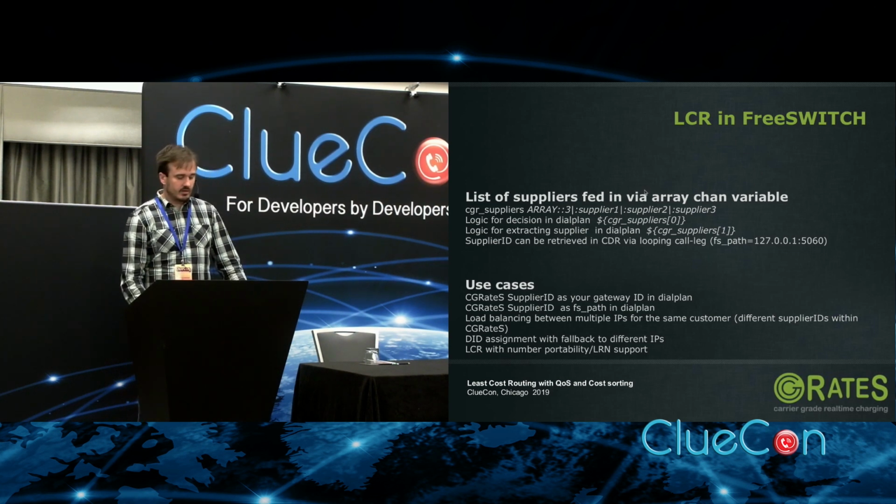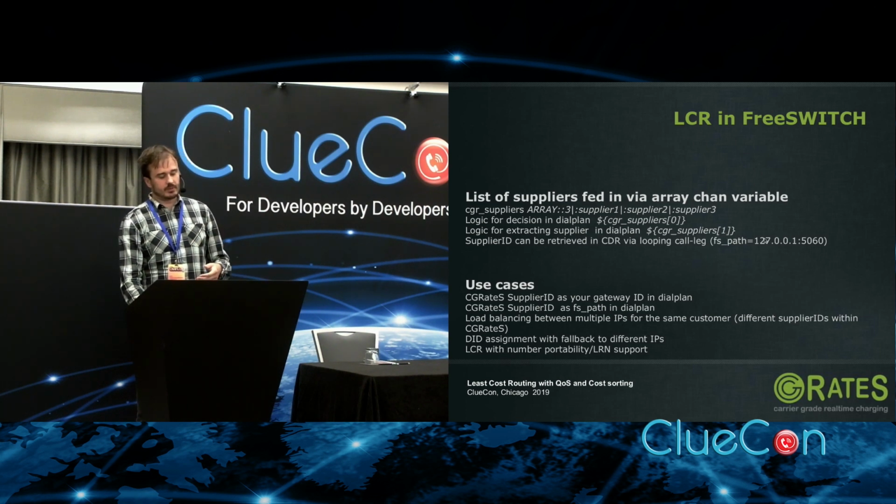We return the list of suppliers via array chan variable. This requires you in dial plan to process a bit trickier. So you need to look when you're taking decisions how many suppliers you have based on the first, you see the first item in the array. And after that, one by one, all the suppliers are ordered as supplier IDs.